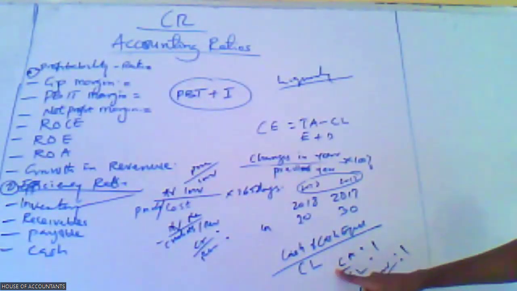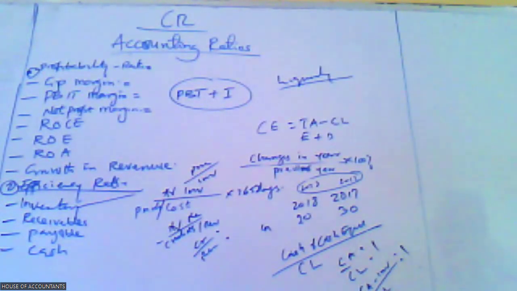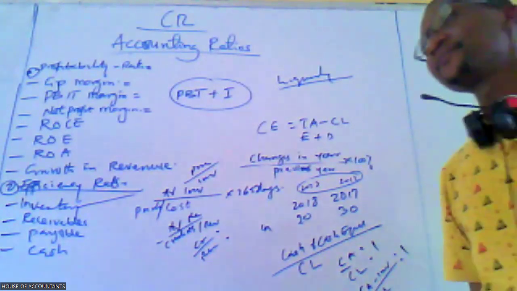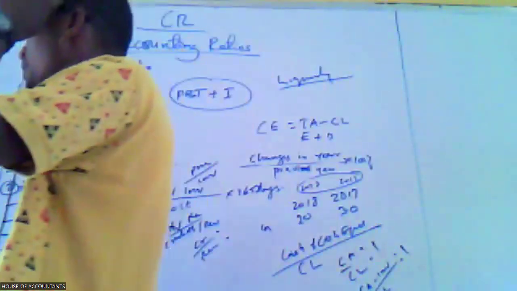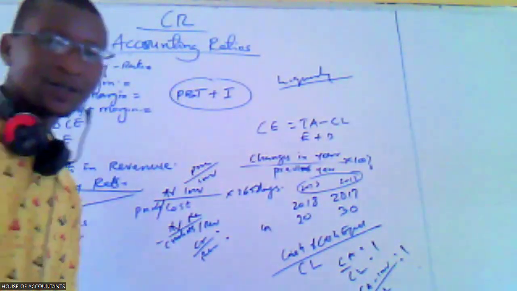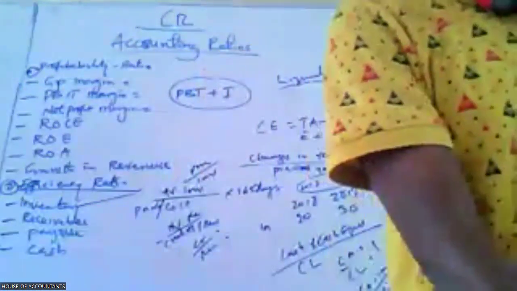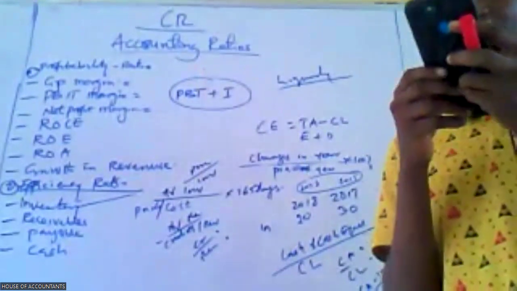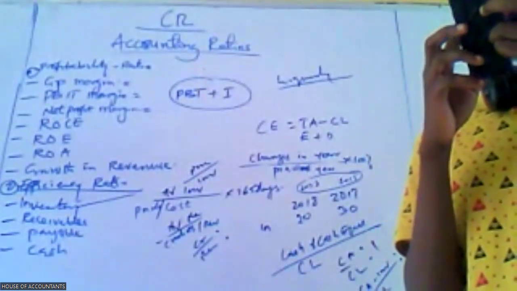The higher in current ratio or quick ratio, the better. Under liquidity ratio, the higher, the better. So let's look at a question. I've already shared that question on the platform.